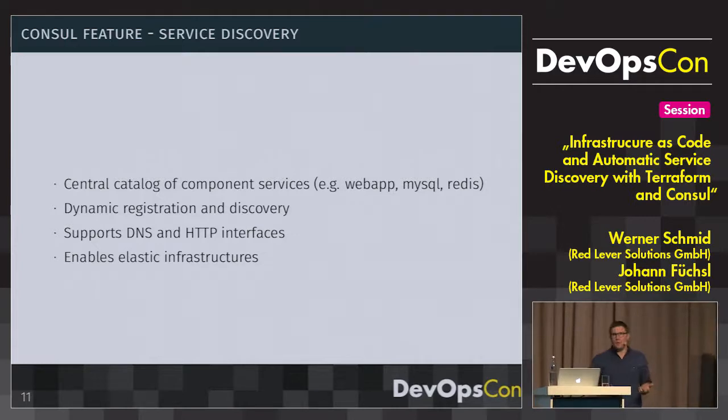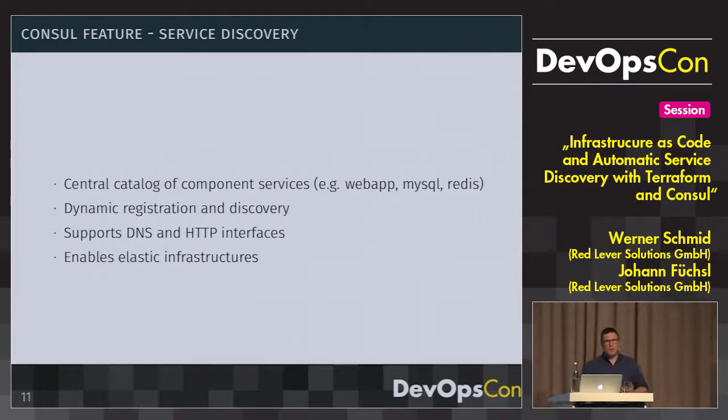With Consul, you can even register third-party services like an external API that you happen to be using. And with that in place, you can dynamically create and manage your services. You can discover them. You can deregister them if you decommission some part of your infrastructure, etc.